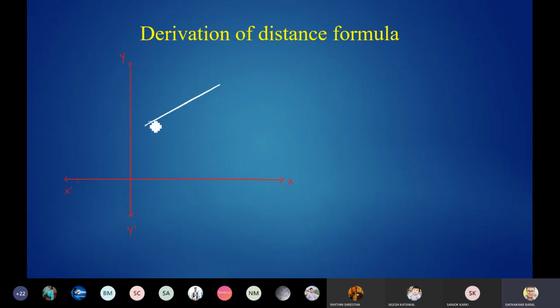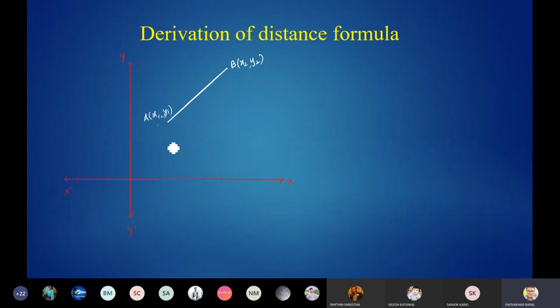Okay, let me write here. So this one is A(x1, y1). This endpoint is (x1, y1) and this point is (x2, y2).